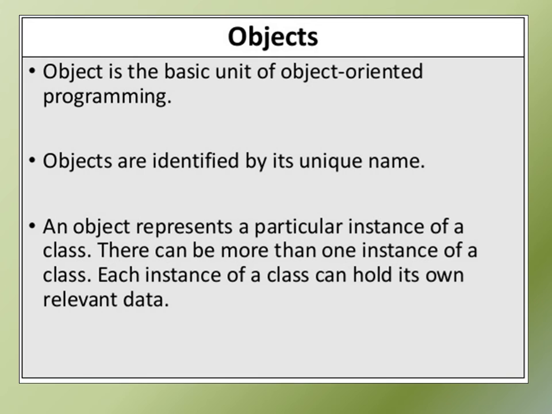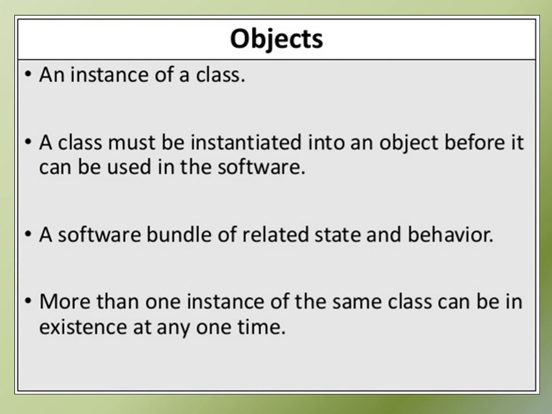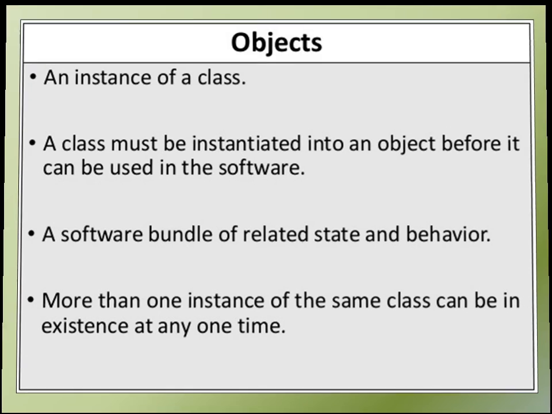Each instance of a class can hold its own relevant data. A class must be instantiated into an object before it can be used in the software. An object is a software bundle of related state and behavior. More than one instance of the same class can exist at one time.